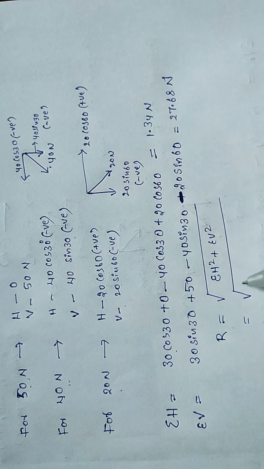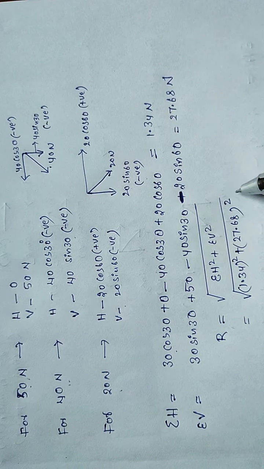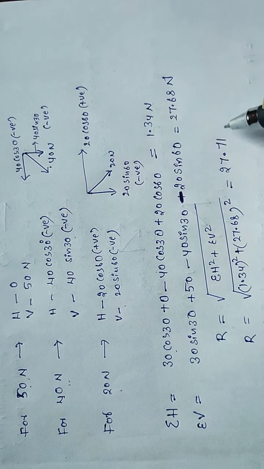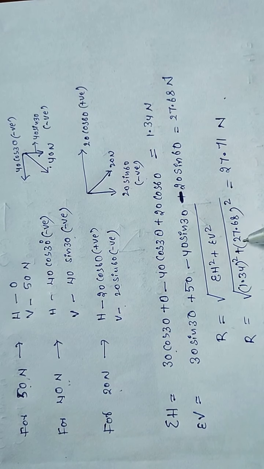That means 1.34 whole square plus 27.68 whole square. So R will be equal to 27.71 Newton. In the calculator, if you calculate, you will get this also.